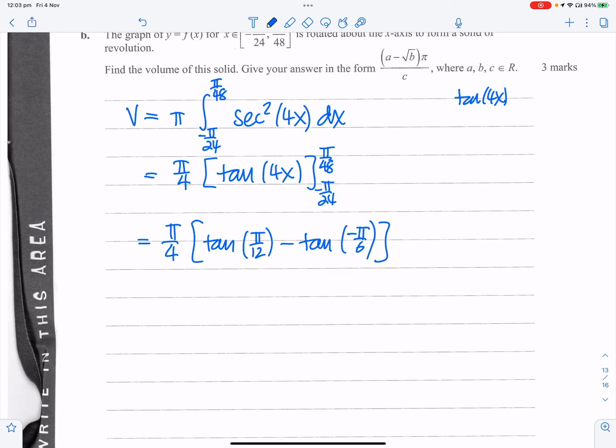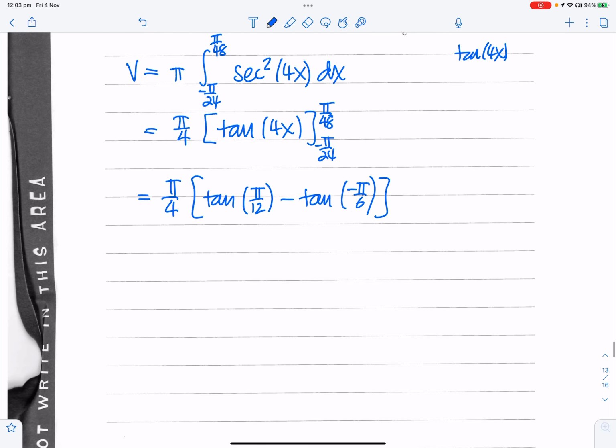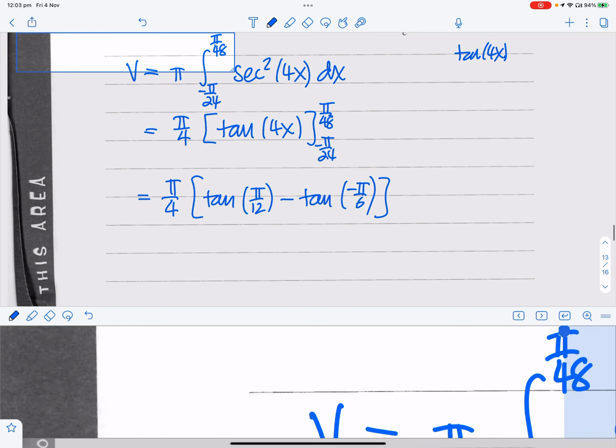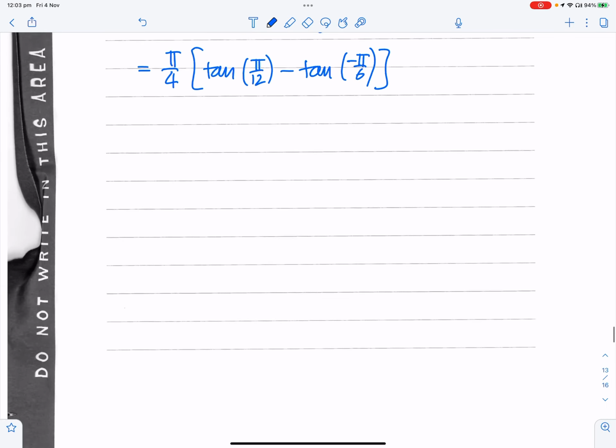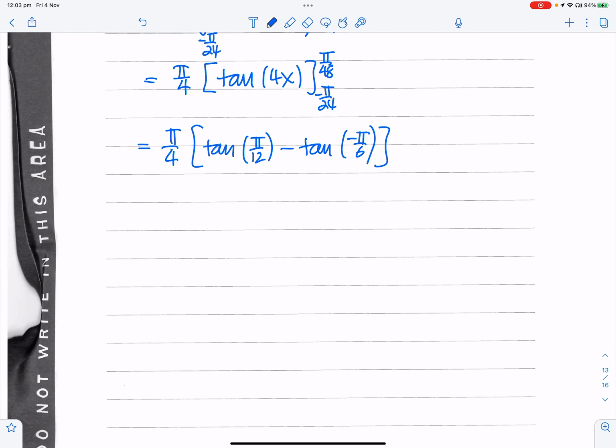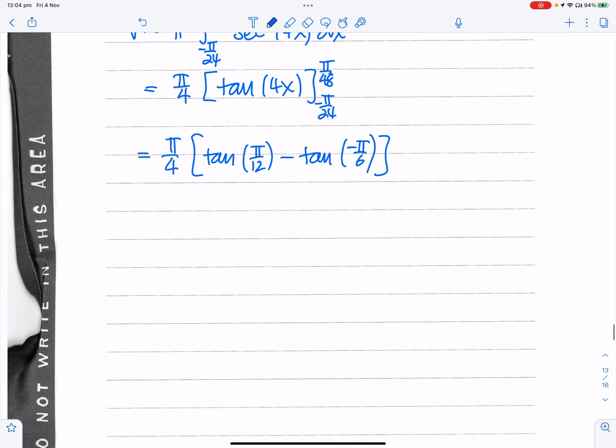Okay, what the hell? Tan of pi on 12. What do we know?